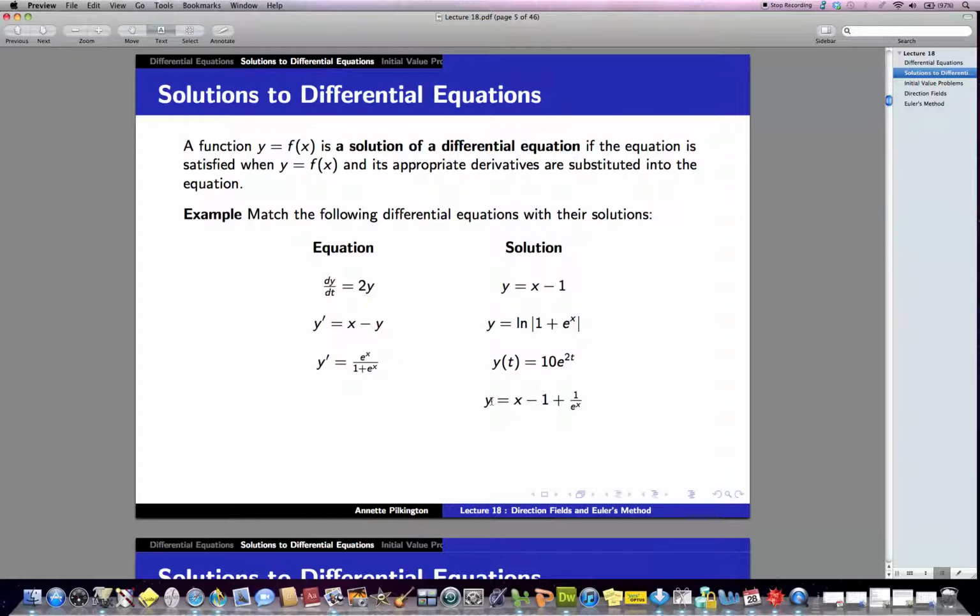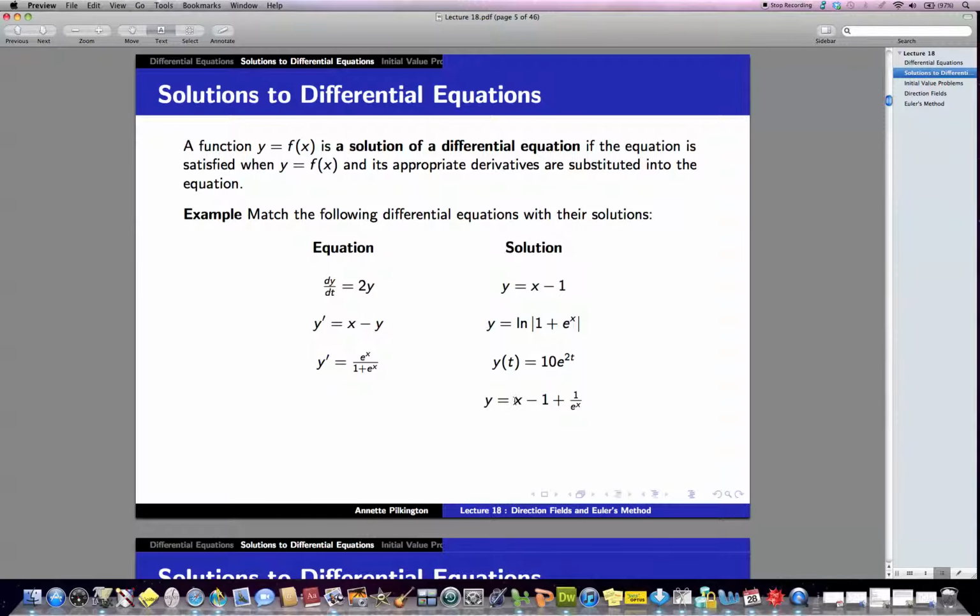You'll see that this function here on the bottom is the actual solution to the equation, because when I take the derivative of this function, y prime, I get 1 minus e to the minus x, or 1 minus 1 over e to the x, which is the same as x minus all of this.